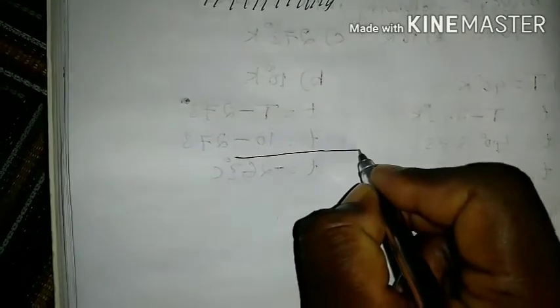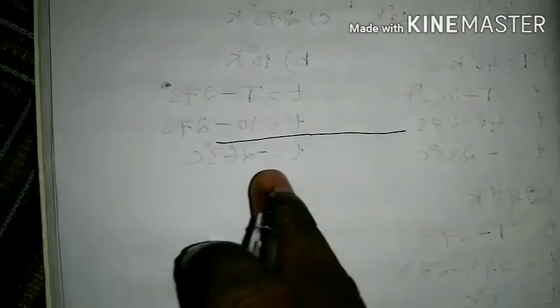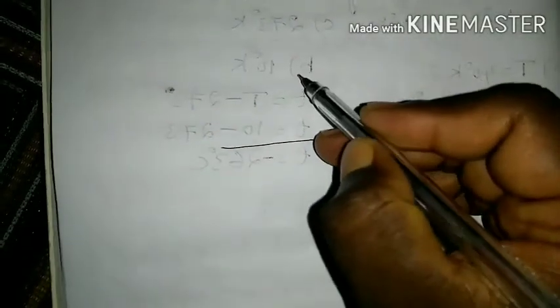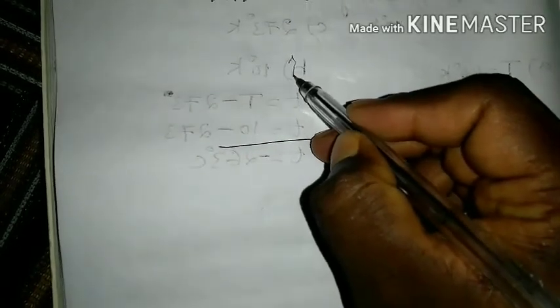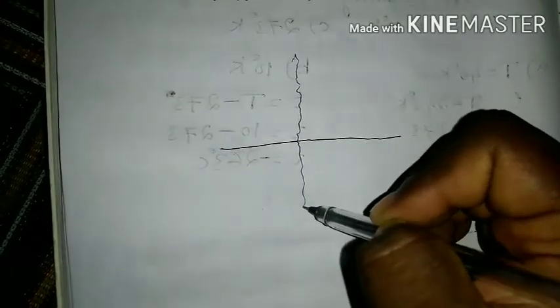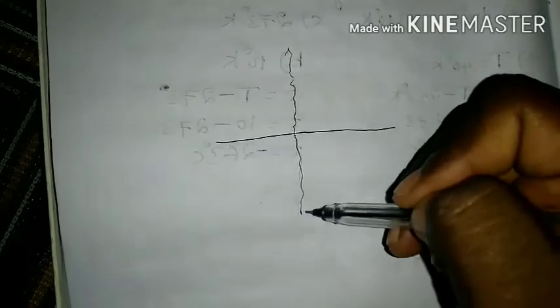For example, this is a horizontal line, and this is the normal line or vertical line.